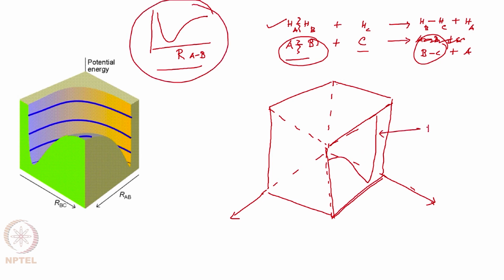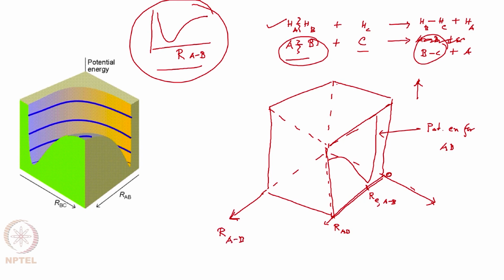So this is the potential energy for AB, and the energy is increasing in the vertical direction. Now what is this axis? This axis is basically the distance between A and B. So this is the zero distance, where there will be a huge repulsion, and this is the equilibrium bond distance for the AB molecule. So along this axis I am actually plotting RAB.